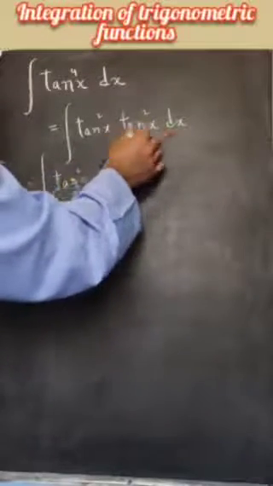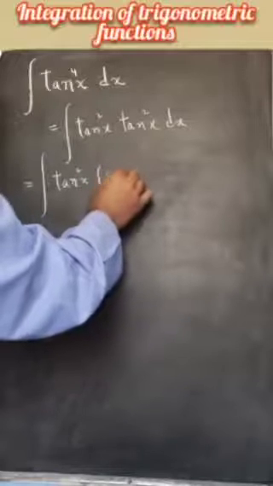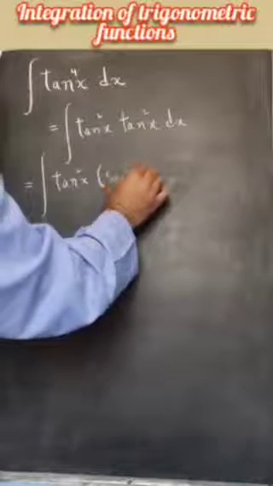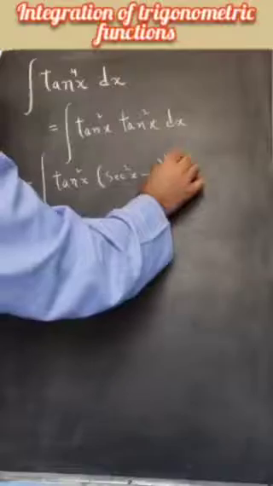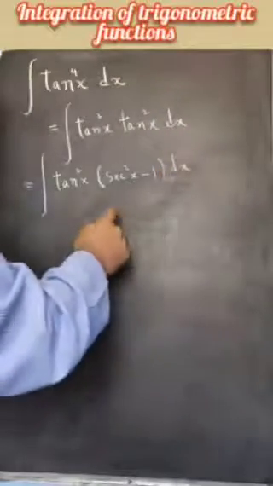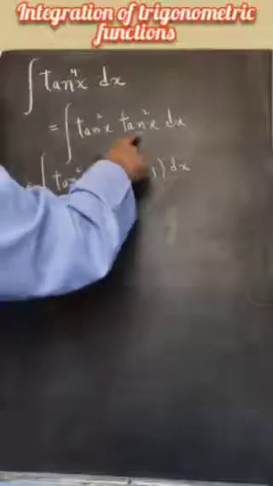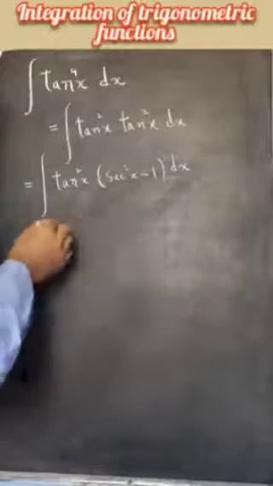Now instead of this tan square x we write secant square x minus 1, because we know that secant square x minus 1 is equal to tan square x.